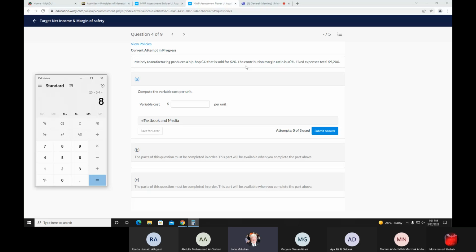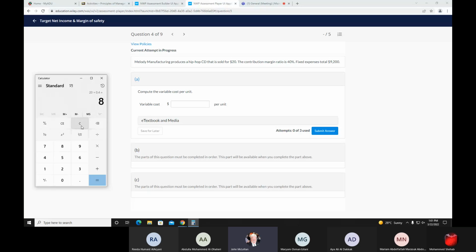No, the contribution margin ratio is 40. So then the variable cost ratio is what? If the contribution margin ratio is 40, what is the variable cost ratio? Pardon? 60%. 60. It always has to add up to 100.